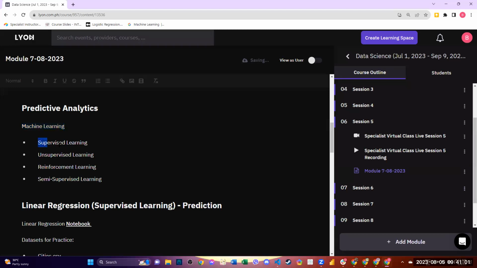We are talking about supervised learning, unsupervised learning, reinforcement learning, and semi-supervised learning. So there are 4 kinds of machine learning. If someone asks you what the different kinds of machine learning are, you can easily say: number 1 is supervised learning, number 2 unsupervised learning, number 3 reinforcement learning, and number 4 semi-supervised learning.